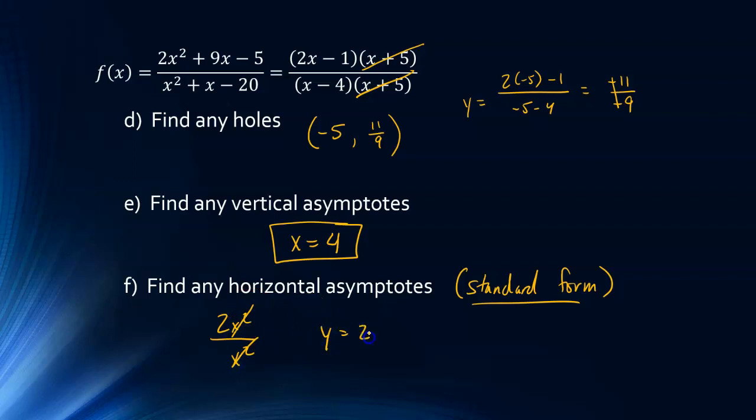If the variables cancel out, whatever's left over is your answer. So y equals 2 would be our horizontal asymptote for that problem.